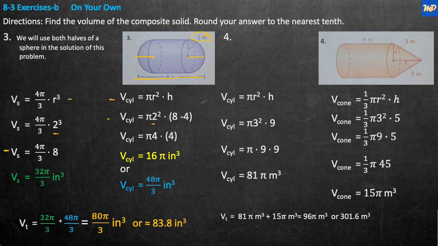So there's 4. So it's 8 minus 4, and that leaves us with 4. And 2 squared is 4. So now in this equation, the volume of the cylinder is pi times 4 times 4.